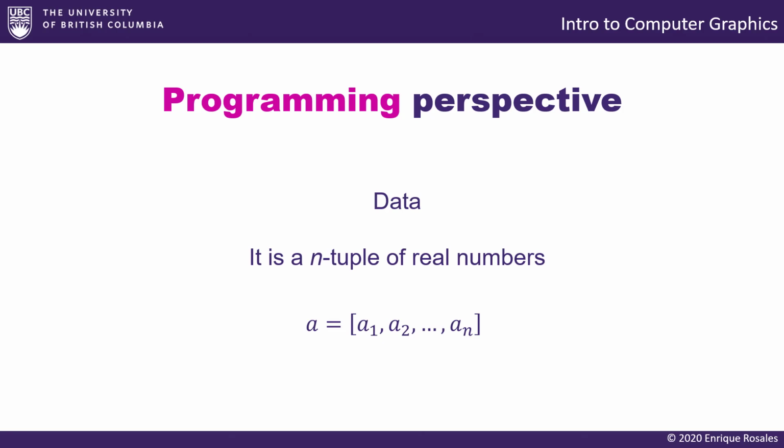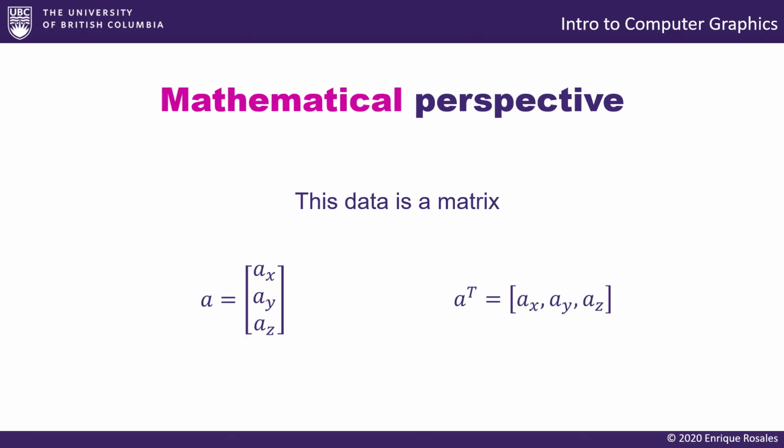So this data, from the mathematical perspective, is just a matrix, right? As mathematicians, this is just a matrix. Usually, if you see different computer graphics books, depending on who wrote that book, you will see different notations.